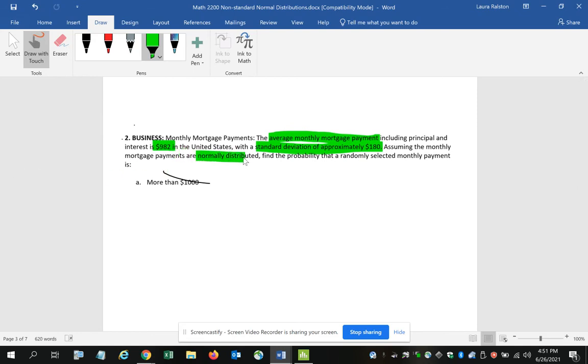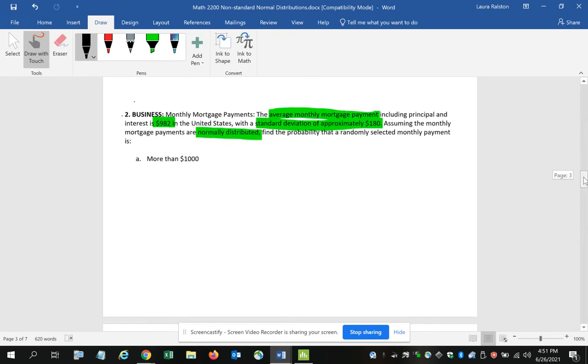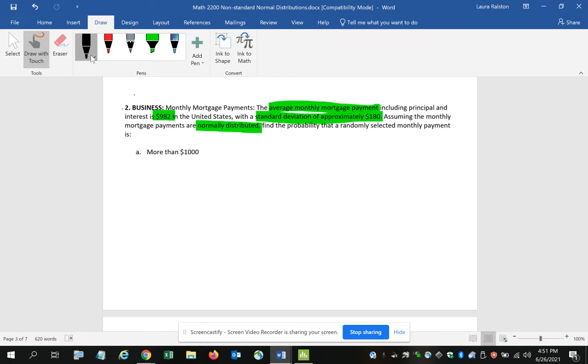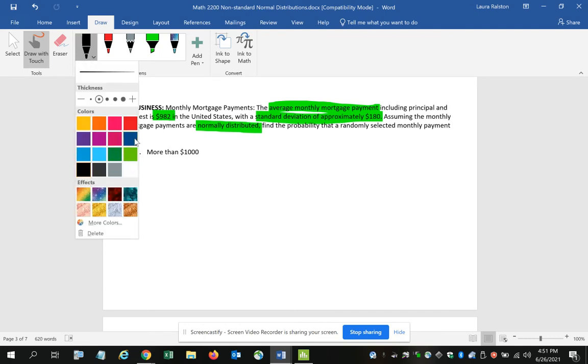Assume the mortgage payments are normally distributed. Find the probability that a randomly selected monthly payment is more than $1,000.